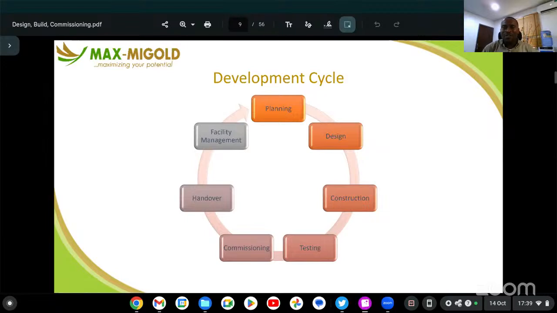So now during the handover, this facility, these sites or projects, have been given to a facility management company. It could be outsourced, or they could get an in-person facility management professional to run such a site. So during facility management, it's good for us to understand that this project has been given to us to manage, to maintain, to operate well.